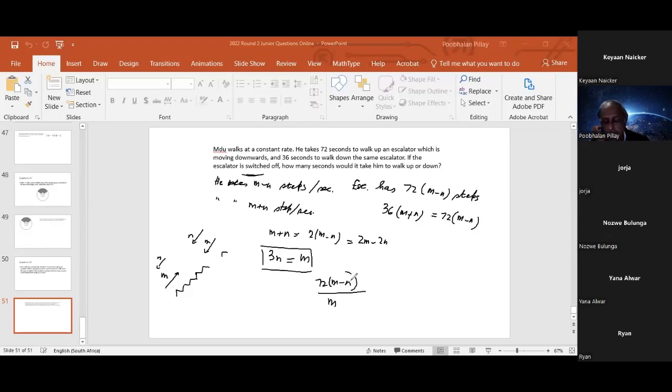This is the total number of steps he has to climb up. He's taking m steps per second, and you want to know how long it will take. So you have to divide, because you got so many steps altogether, and in 1 second you can do m steps. If you want the time it takes, you just have to divide. But we know that m is equal to 3n.